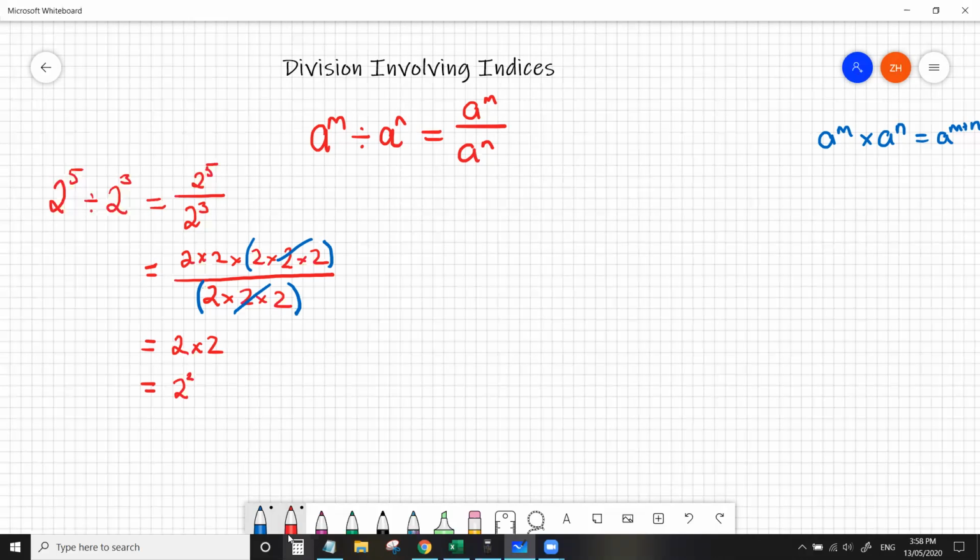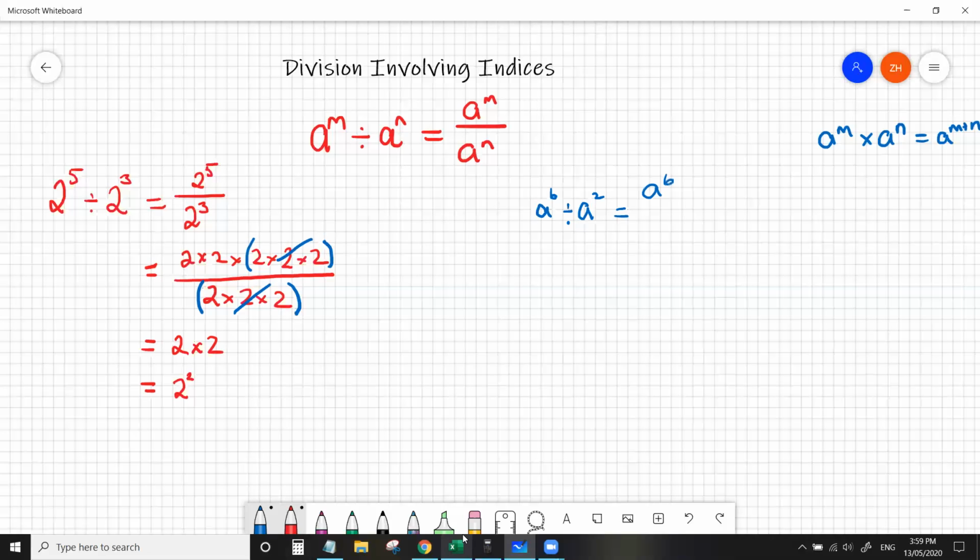Here's a second example. This one's going to use a pronumeral, so I might just use a. It's nice that it lets us write down less over and over again. So a to the power of 6 divided by a to the power of 2.